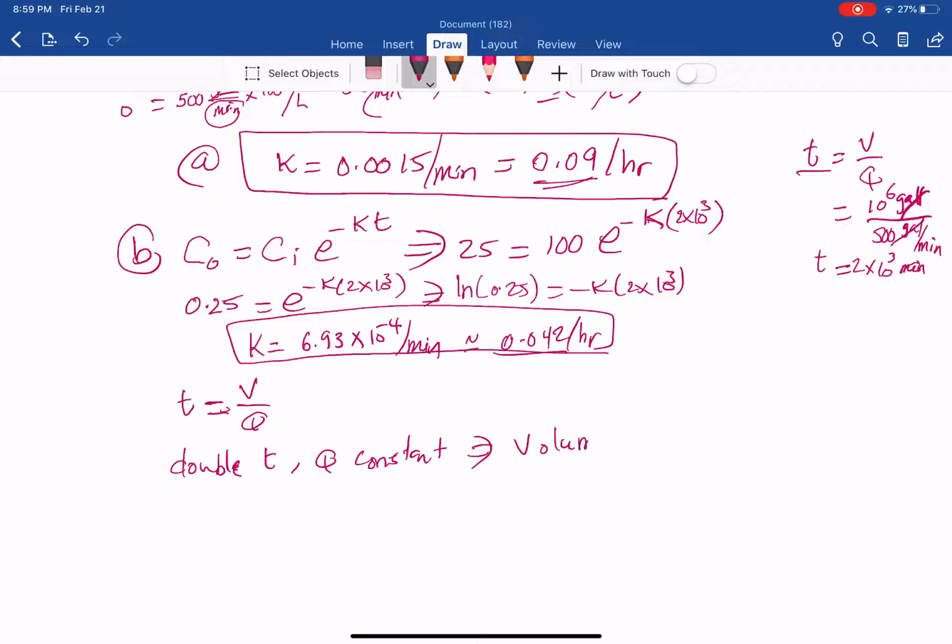So what will be the volume? If the volume is 10^6, the volume would be 2 × 10^6 gallon.